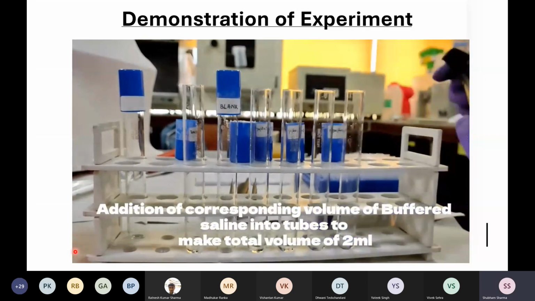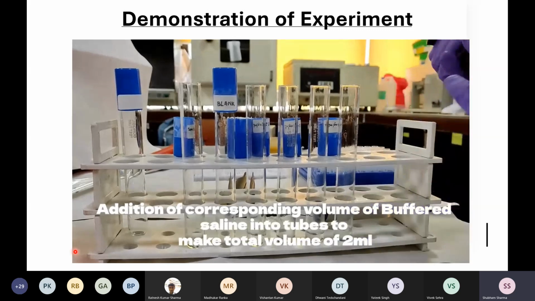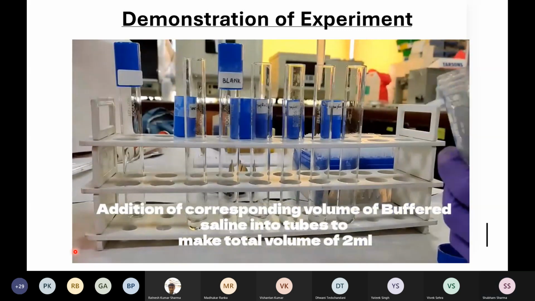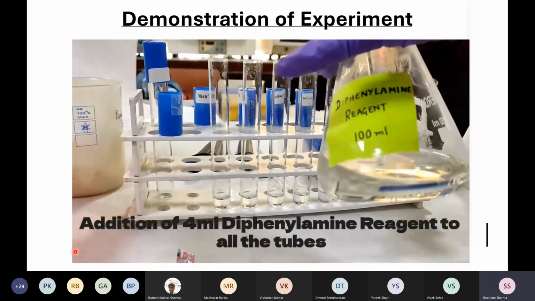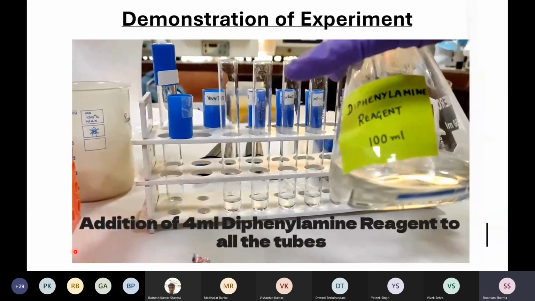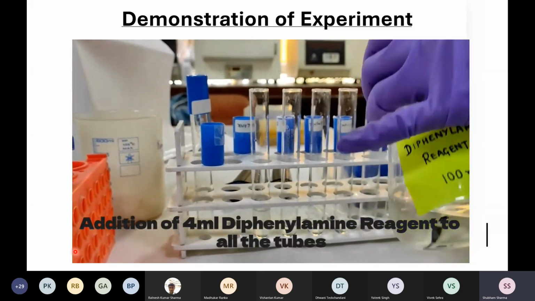Now we make up the volume to 2 ml by adding buffered saline in all the test tubes. And finally, we add 4 ml of diphenylamine reagent in all the test tubes.